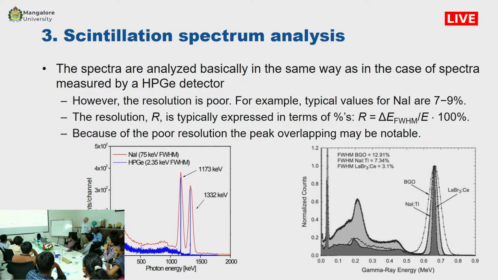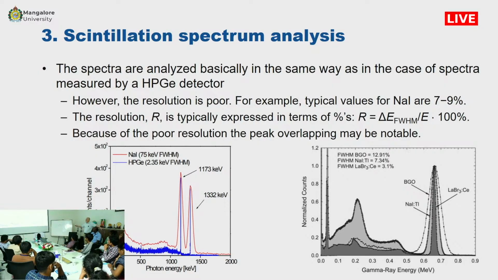There is a big difference in resolution. I think using scintillation materials is a very good system in those cases when you detect, for example, only one nuclide such as cesium-137.